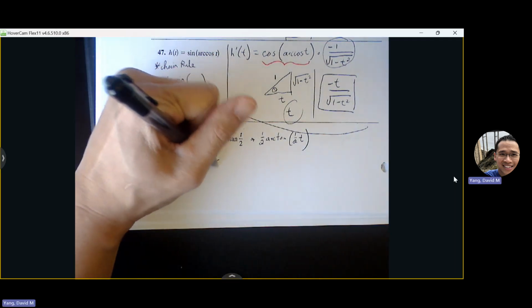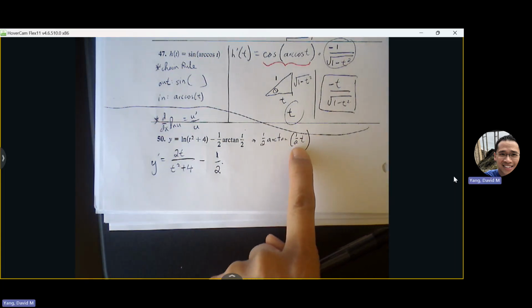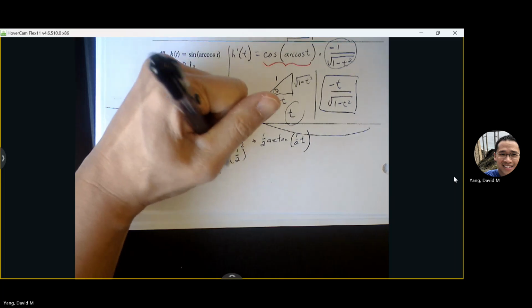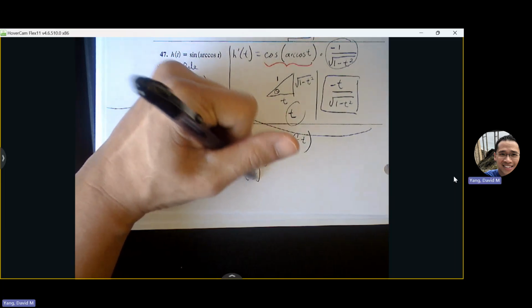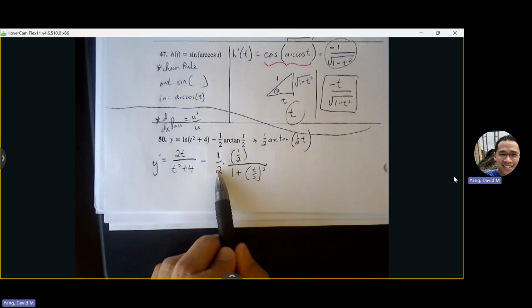The coefficient is going to stay 1/2. It's not going to go anywhere. And my u value, u prime, 1/2 t's derivative is 1/2, all over 1 plus u squared. The 1/2 times 1/2 is 1/4.